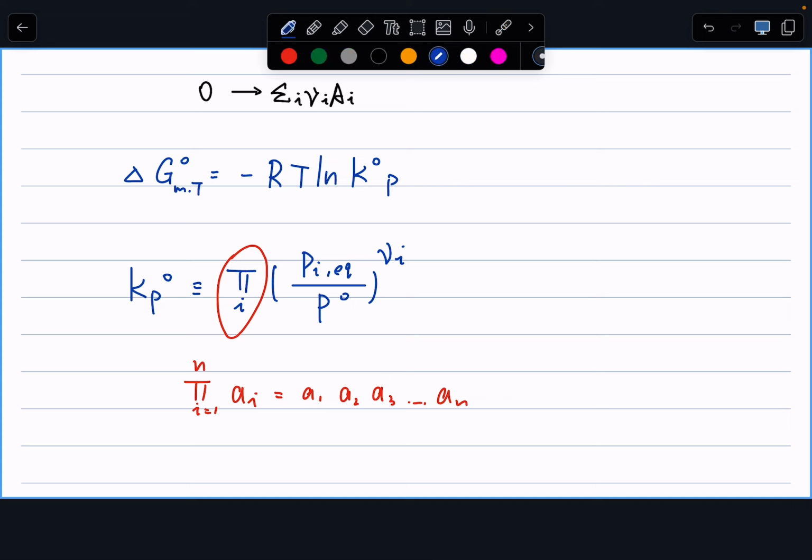You'll also see people write this top equation in a different format, if I want to express Kp, the equilibrium constant, as a function of Gibbs free energy: that's the exponential of negative delta G naught over RT.